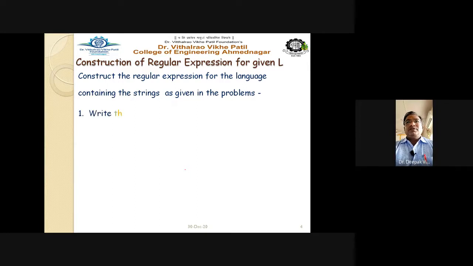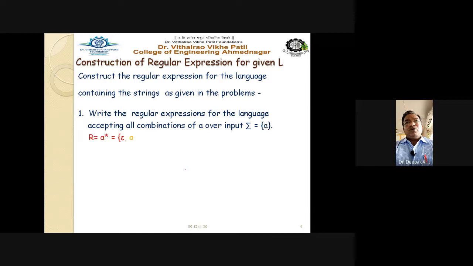The first example: write the regular expression for the language accepting all combinations of A over input alphabet sigma equal to A. The language consists of all the strings having all combinations of A.